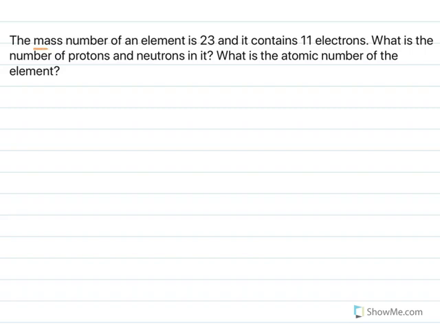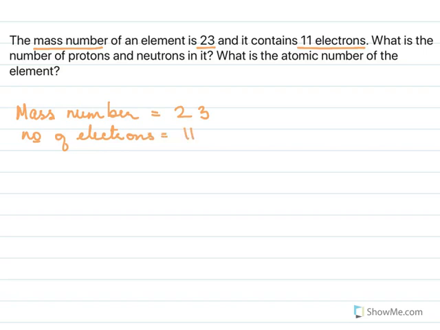The mass of an element is 23. So let's write this. Mass number equal to 23, and it contains 11 electrons. So number of electrons equal to 11.